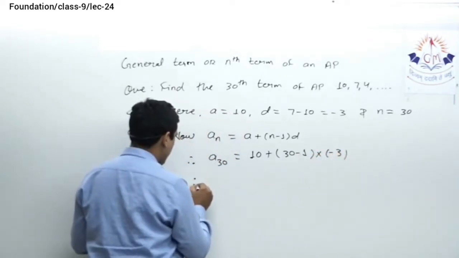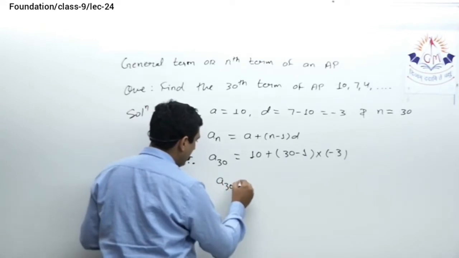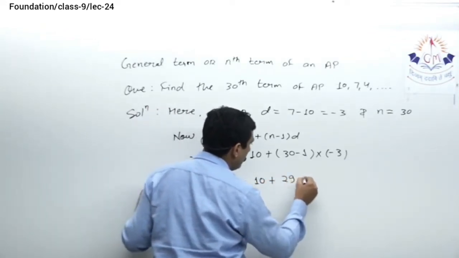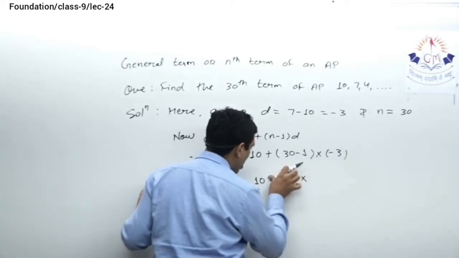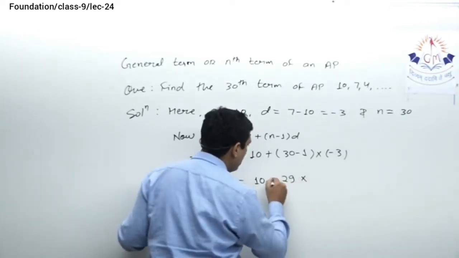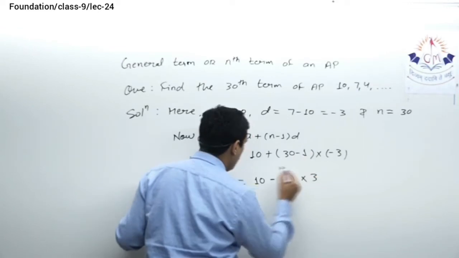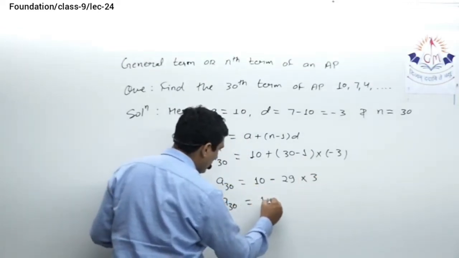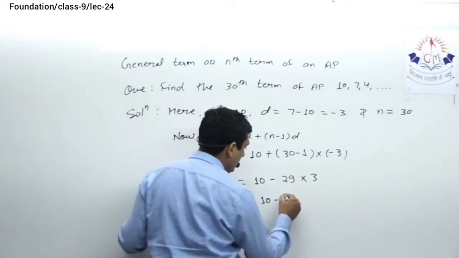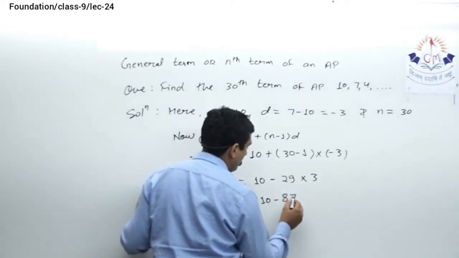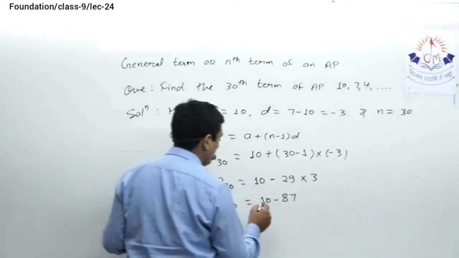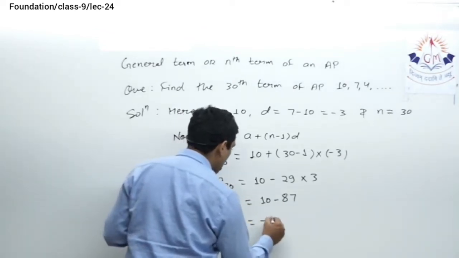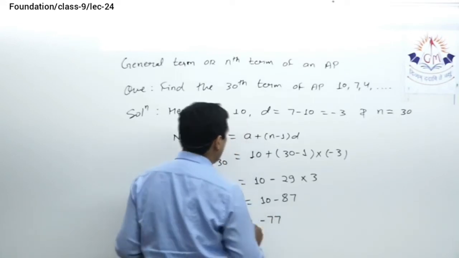So a30 is equal to 10 plus 29 multiplied by minus 3, which is minus 87. So a30 is equal to 10 minus 87, so finally the 30th term is minus 77.